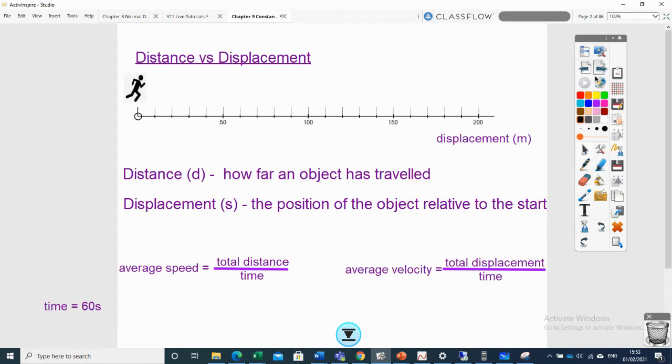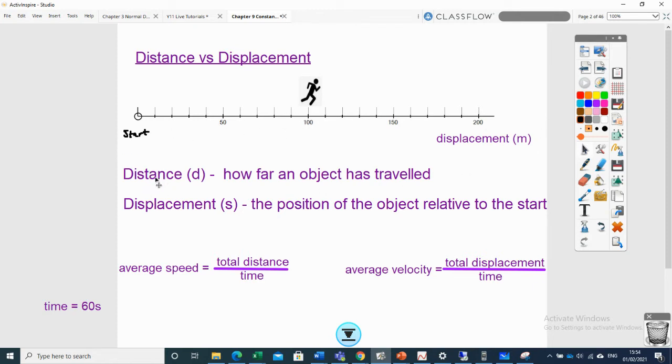First of all, I want to have a look at the difference between distance and displacement. We've got a runner here, and this is our start point. Our runner is going to run all the way to the end of this scale here, which is 200 meters, and then he's going to run back to this point here, which is 100 meters away from the start.